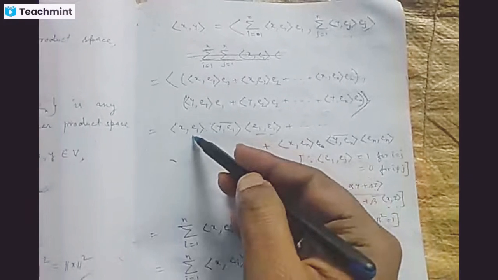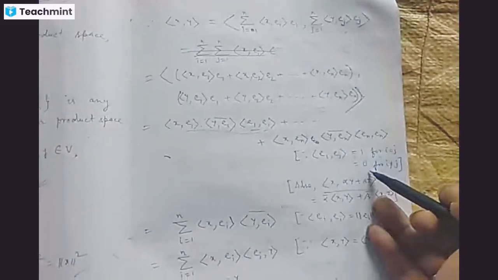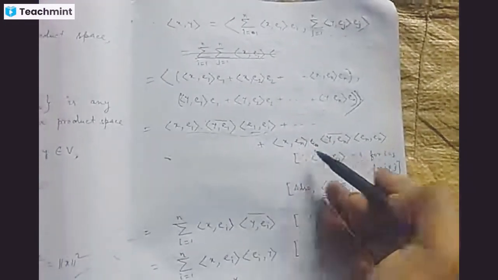These terms will be valid, and for the others the terms will be equal to 0, because i is equal to j. If i is not equal to j, meaning e1 e2, e1 e3, the terms will be equal to 0. So for the same terms e1 e1, e2 e2, e3 e3, up to en, the terms will exist.